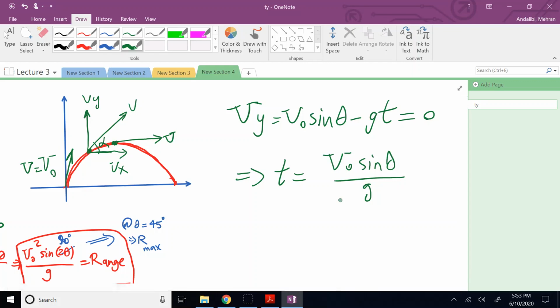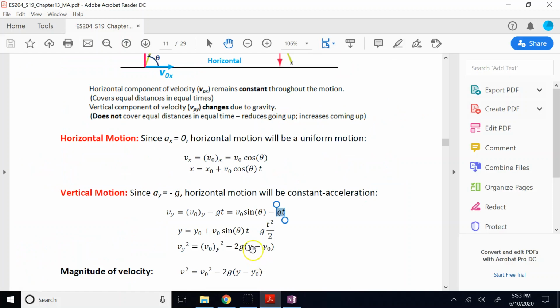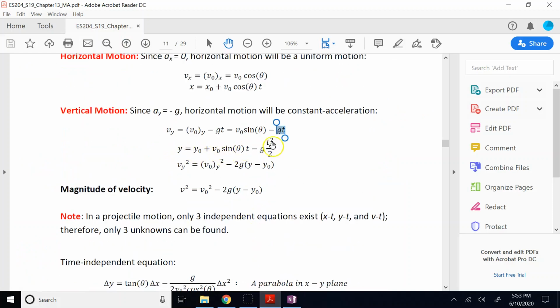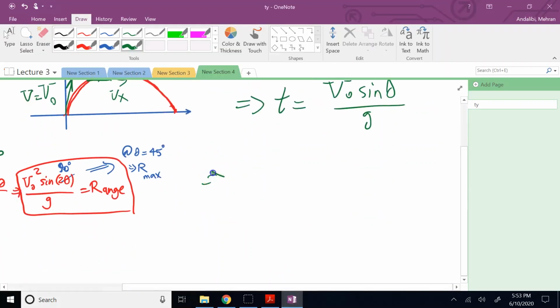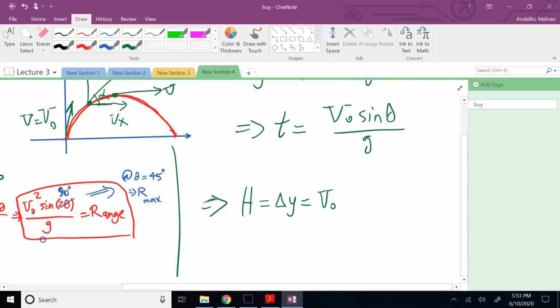And now if I plug this t back into my y equation, I see that h, which is equal to delta y, is going to be v naught sine theta times t.